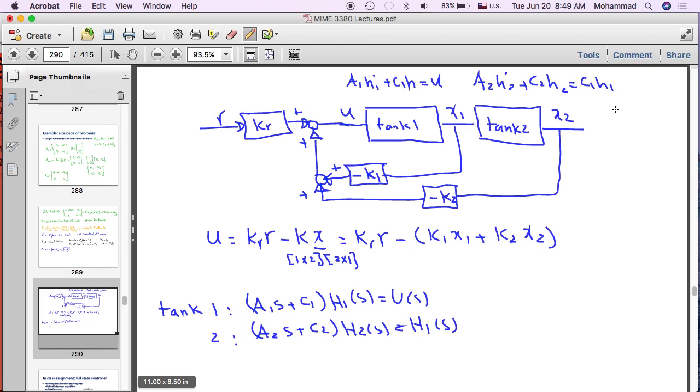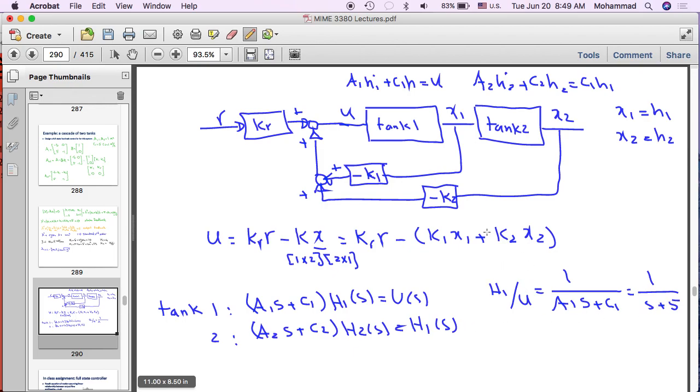So let's clarify that. X1, the first state variable, is H1, and X2, the second state variable, is the level of the second tank, H2. So what goes into the first block is H1 as output over U as input, and that is equal to 1 over A1S plus C1, which in our case is 1 over S plus 5.